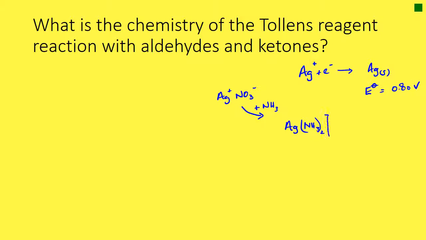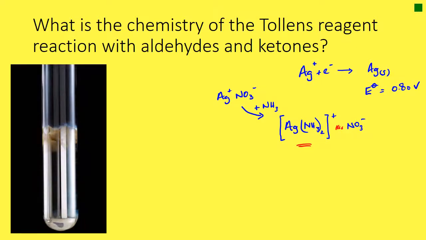Ammonia molecules are neutral, so the complex stays as a 1+ ion, and that then is ionically attracted to the nitrate ions in the same way as the silver ions are attracted to the nitrate ions. So this is the complex here that is the Tollens reagent, and when we add it to aldehydes we get this silver mirror effect that's shown in the diagram there.